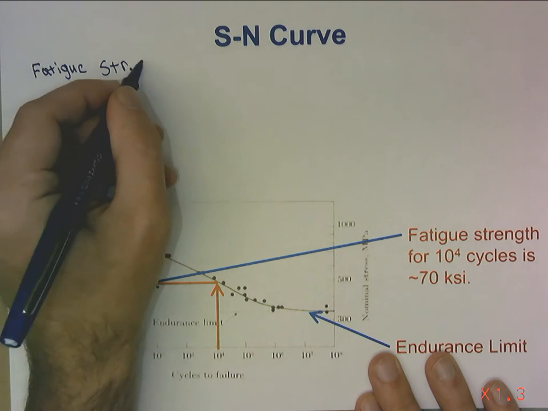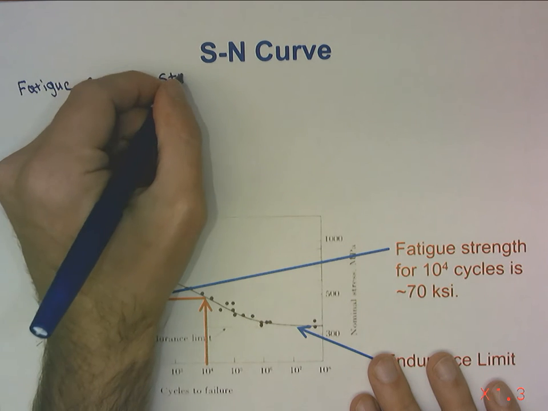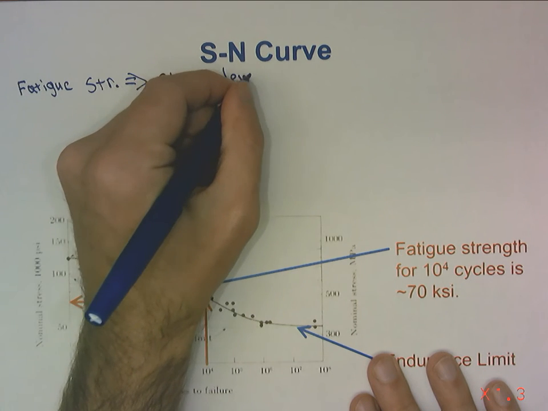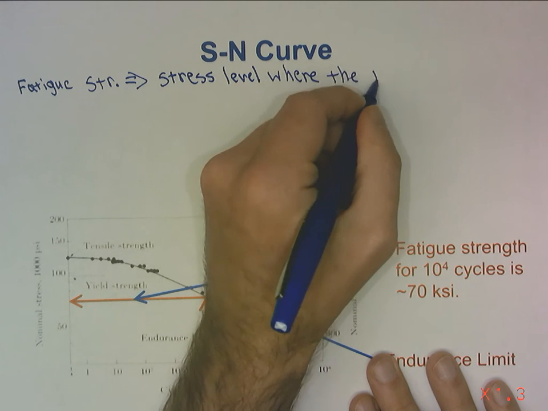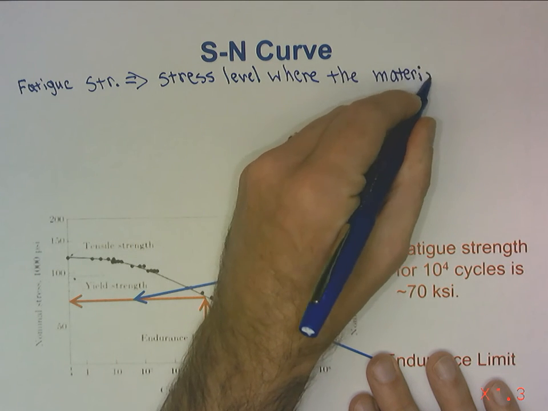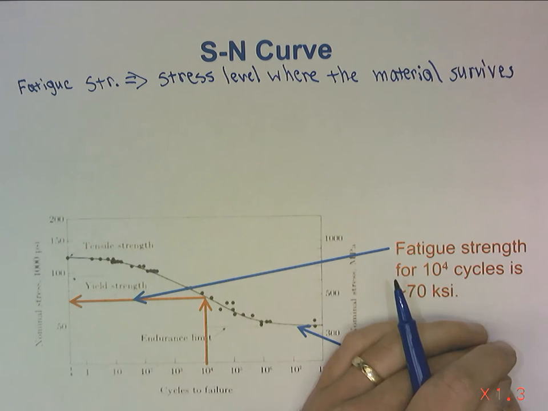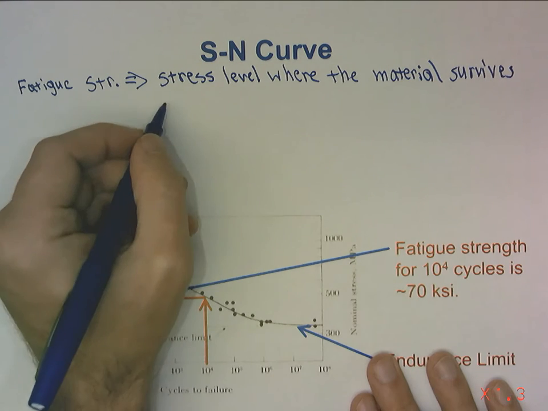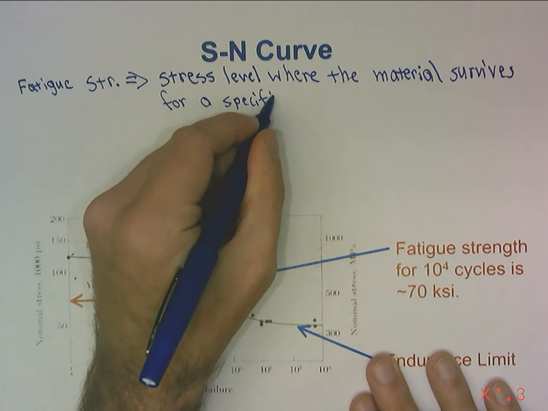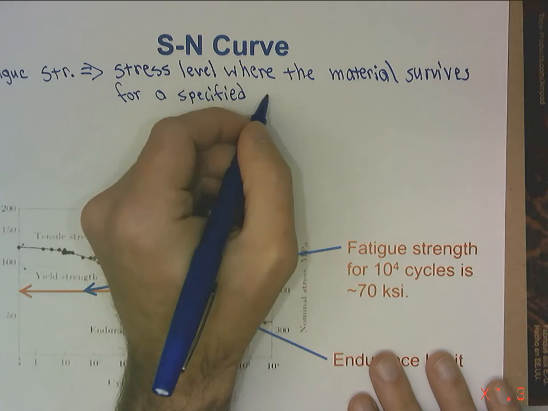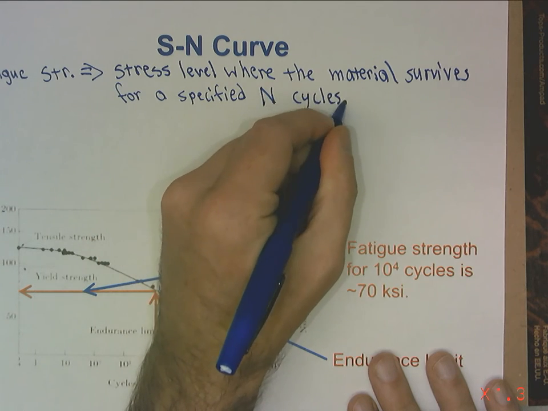So our fatigue strength is a stress level where the material survives without breaking for a specified number of cycles.